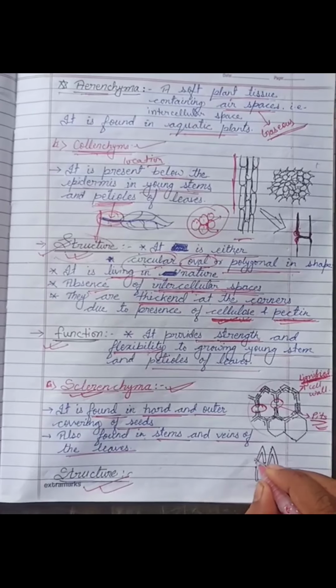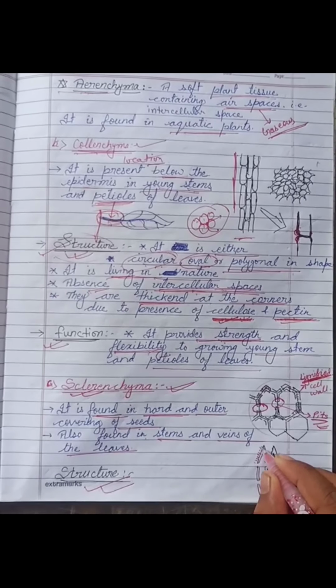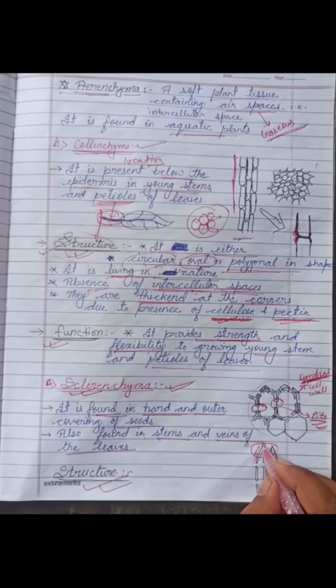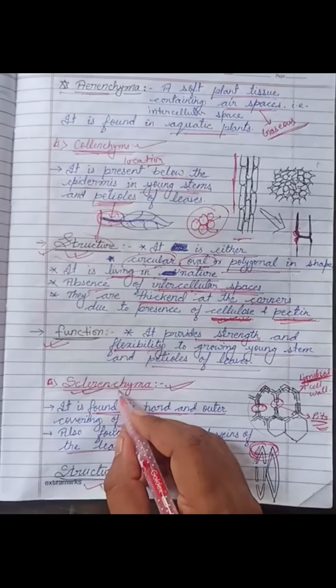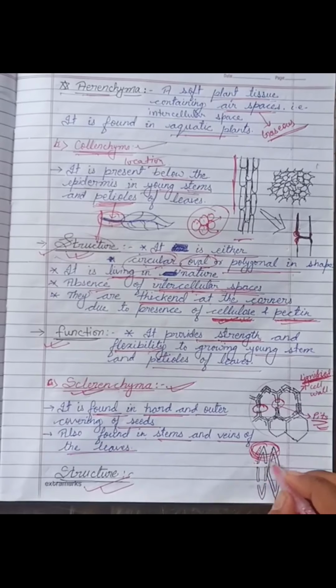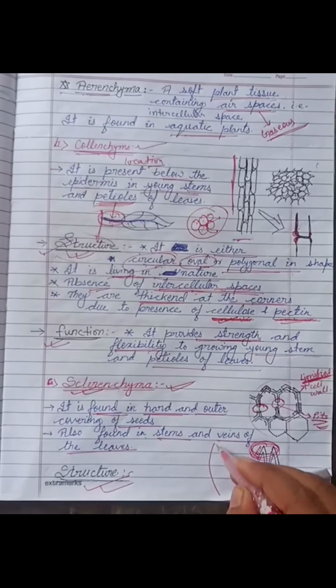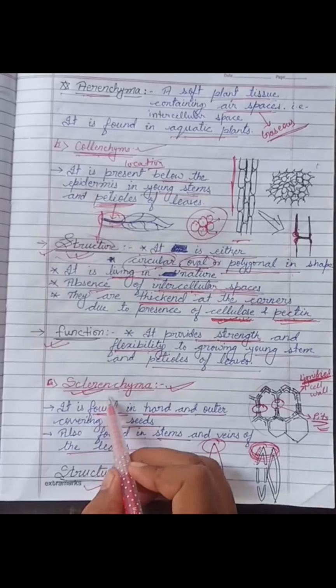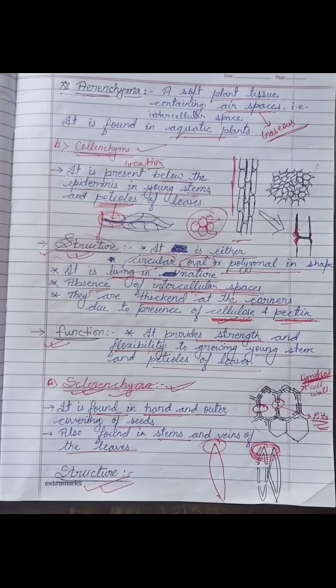Here is also the presence of lignin, or lignified. You can see here it is the closed-ending type of sclerenchyma cell, that is called tapering ending. Here it is the tapering ending which is found in sclerenchyma cells.